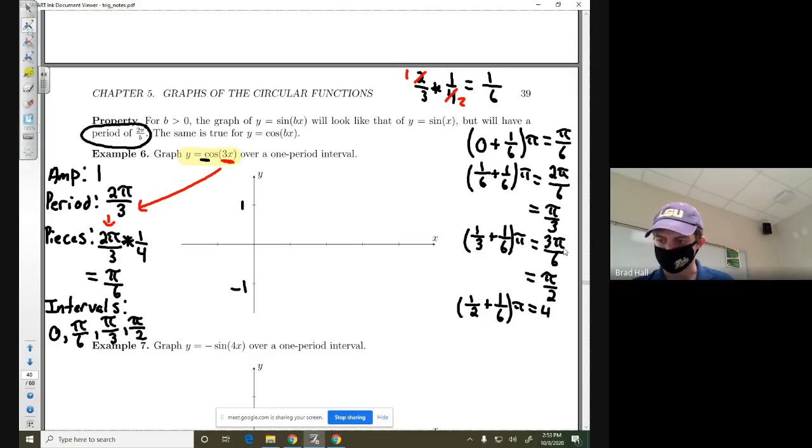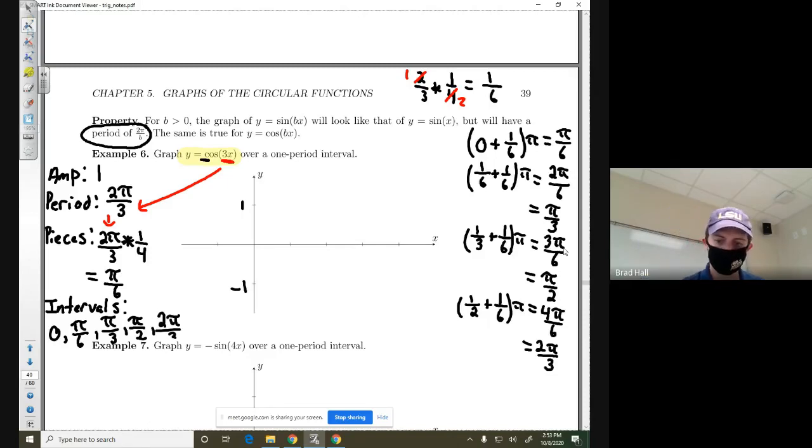That's 4π/6, which that is just 2π/3. So that's how we determine the new interval values. So that's how it affects the period, and thus the intervals.